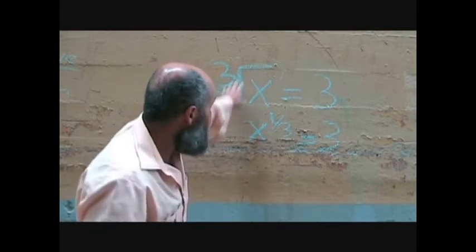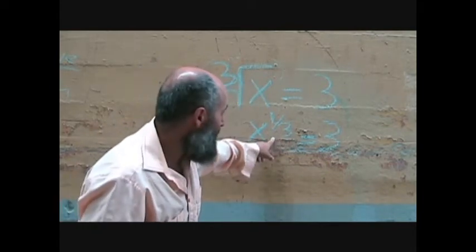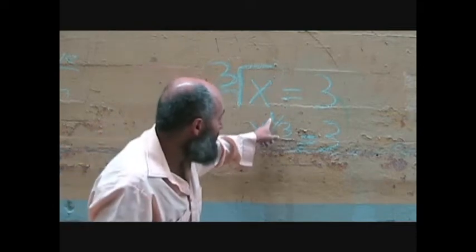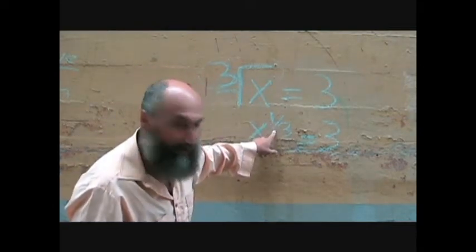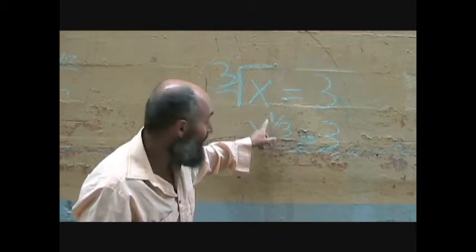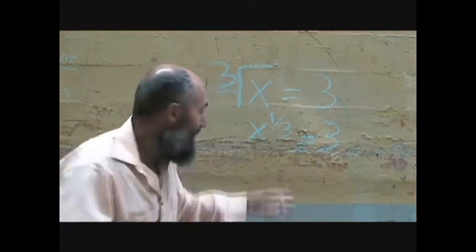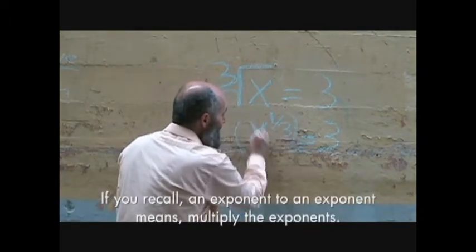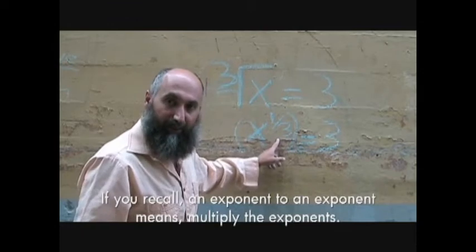All you've done is rewrite the radical as a power. Now, to get rid of this, you need to do the opposite in the power. That's 1/3, and to get rid of 1/3, you multiply it by 3/1. So you take this to another power.